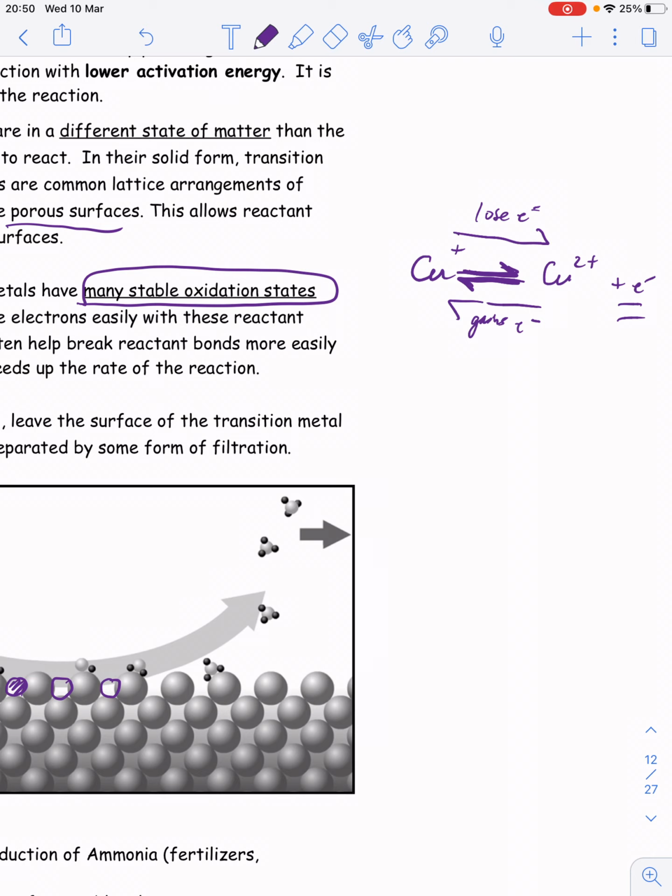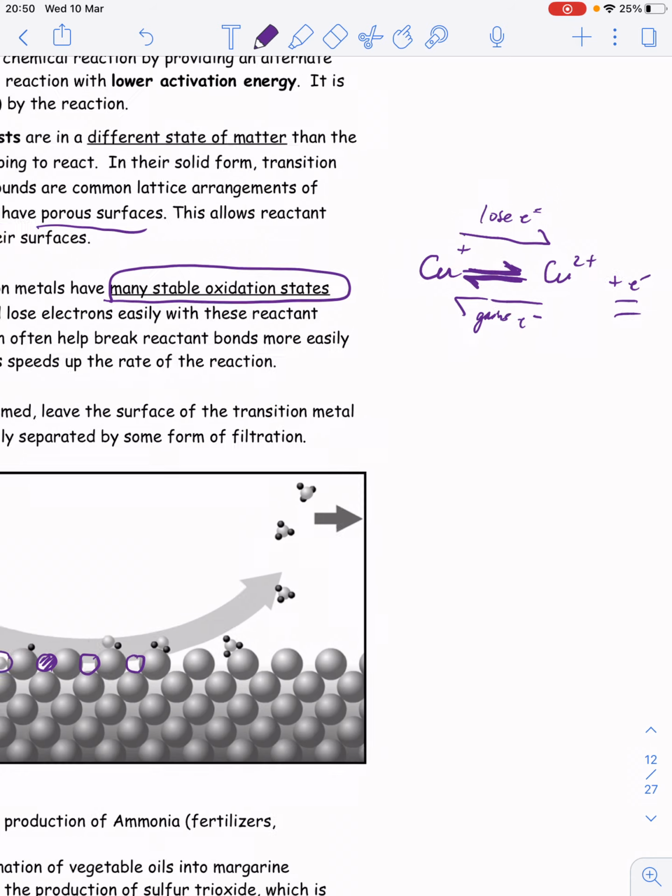And that's one of the key definitions of a catalyst, or the key properties, is that it doesn't get used up or consumed or changed by a reaction. So the fact that these transition metals can exchange electrons, give them away, and reabsorb them without changing too drastically allows them to interact with other reactants, to help reactants along in their process of changing into products without actually changing themselves.